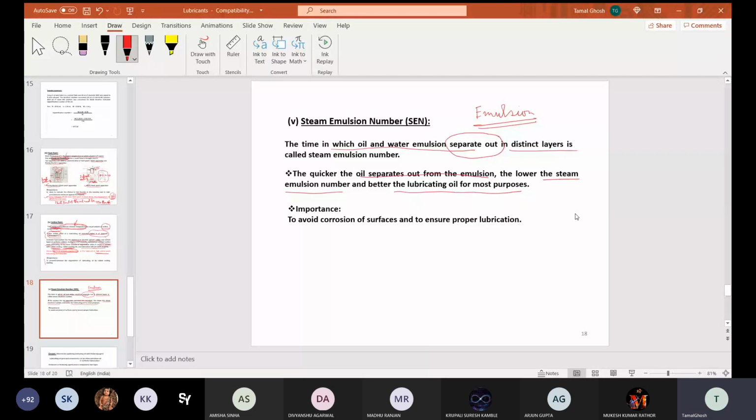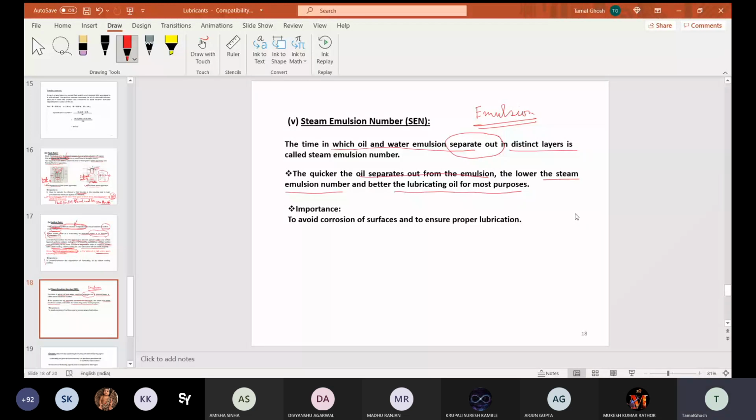If the emulsion continues for a longer duration, some other unwanted substances may get dissolved in it and cause side reactions on the surfaces. Side reaction means, in a very simple way, corrosion will occur on the surfaces.